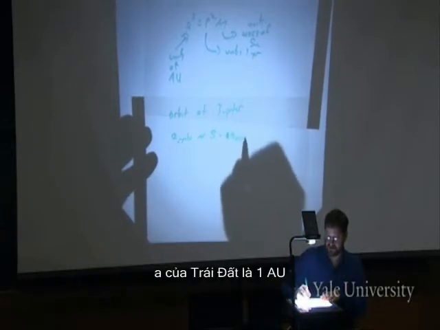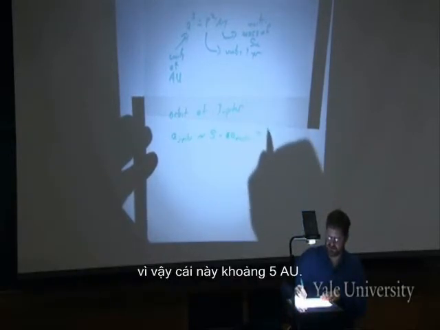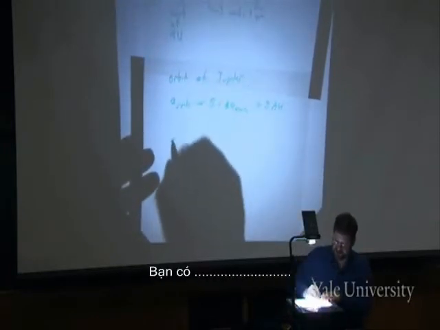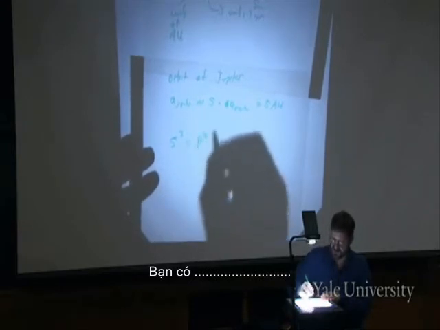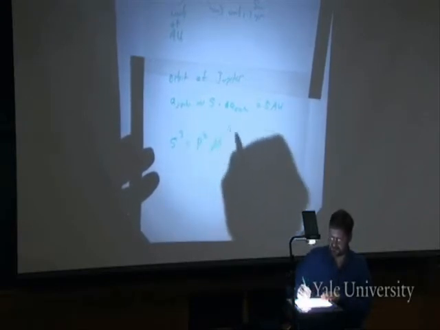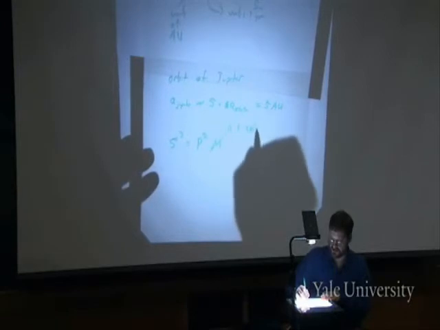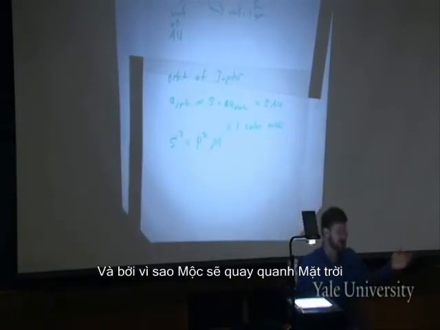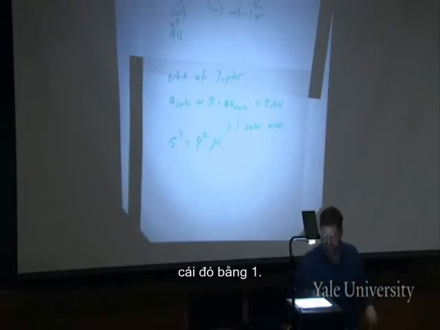A of Earth, you'll recall, is this 1 AU, so this is about 5 AU. So how does this equation work out? You get 5 cubed equals P squared M. M is the mass of the Sun, 1 solar mass. And since Jupiter is going around the Sun, that's equal to 1.